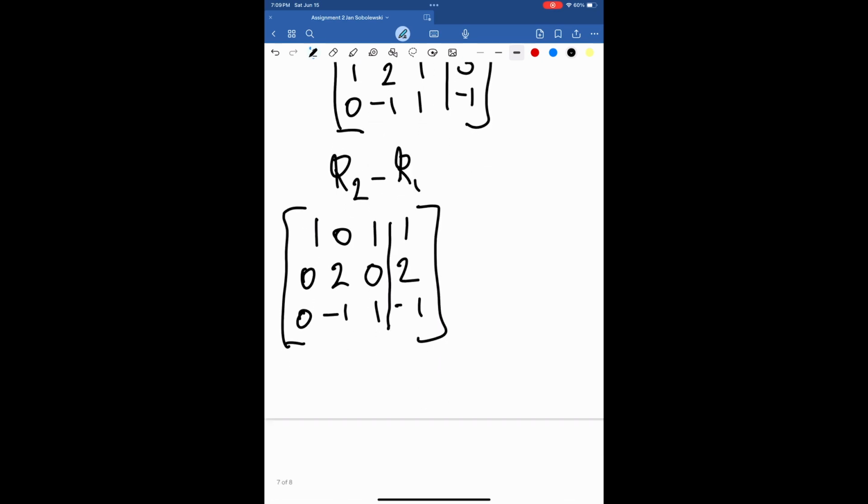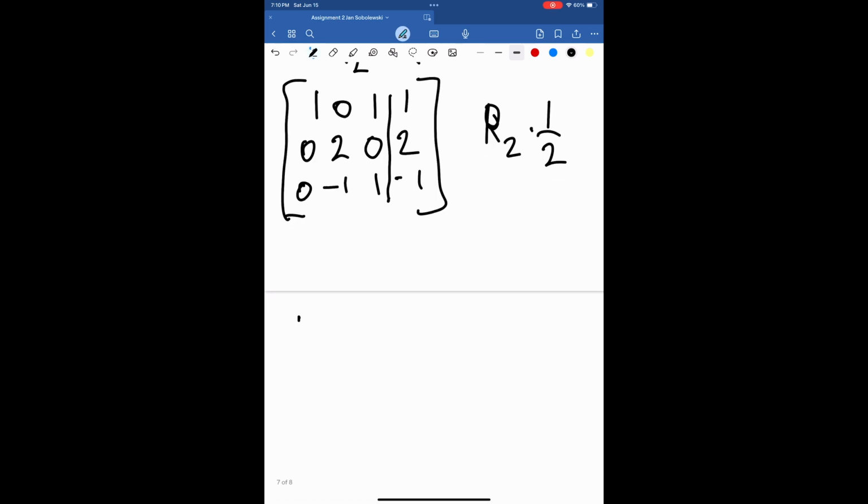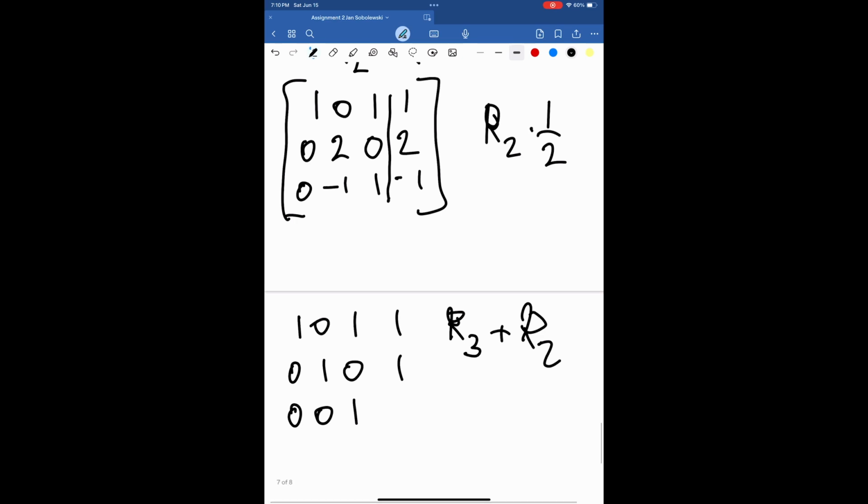So now we want to scale R2 into 1, so we just do a half. It should be all 1. Now we can eliminate the third row's negative 1, so R3 plus R2. So we got 0, 1, and negative 1 plus 1 is 0.